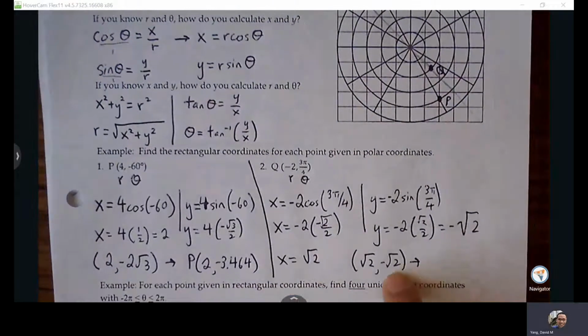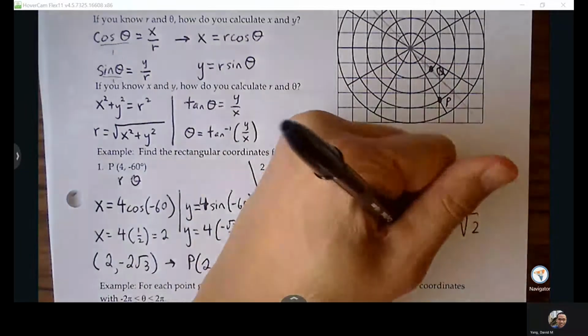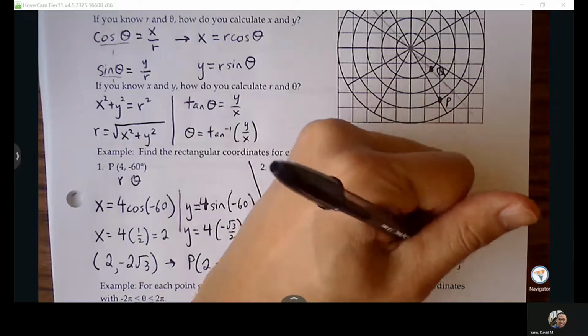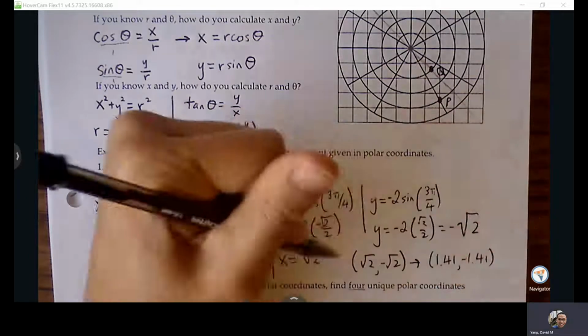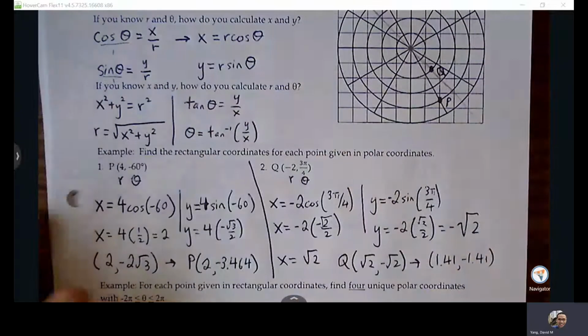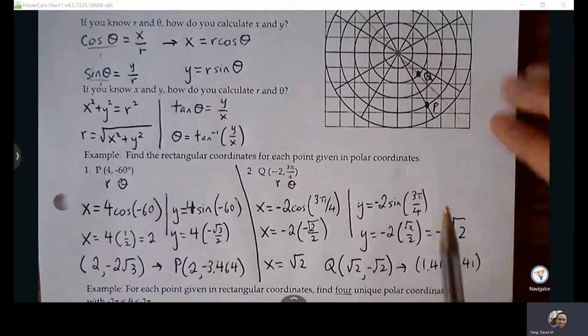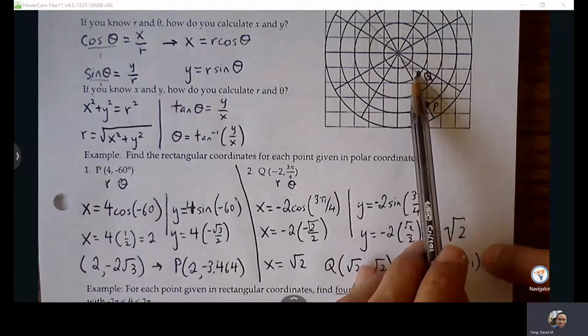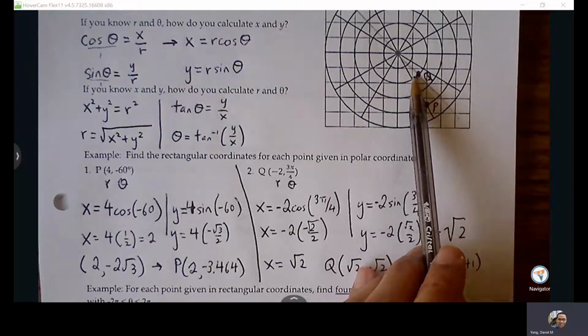If you want to plot it, calculator, root 2 is around 1.4. Just double check, see if that will lead you to the same point as what we did using polar coordinates.